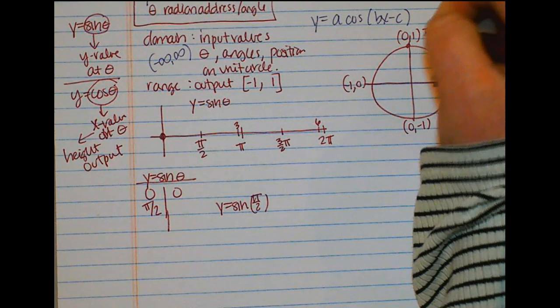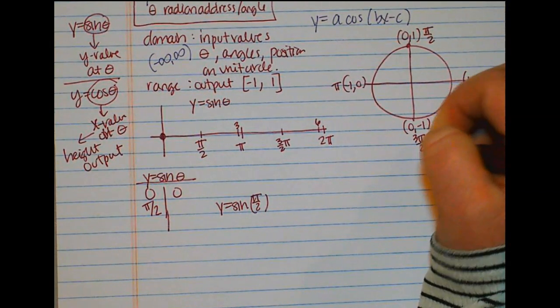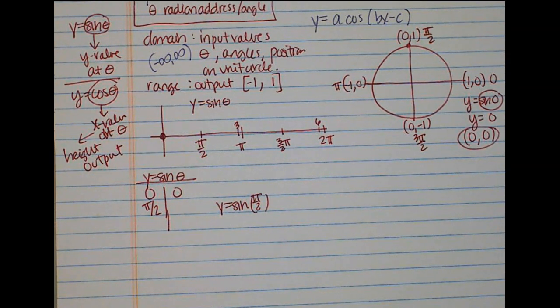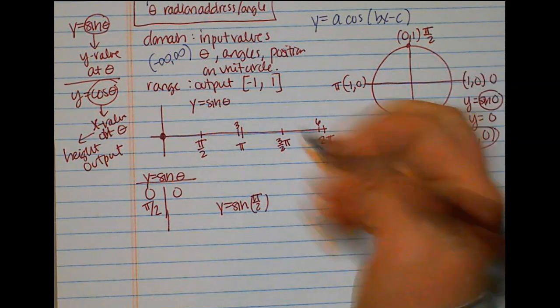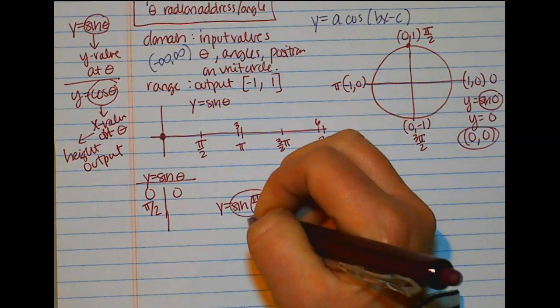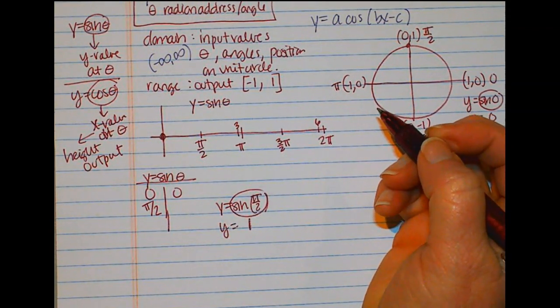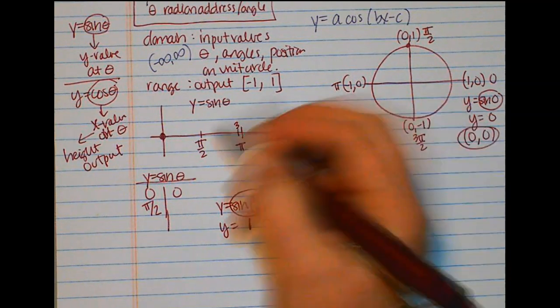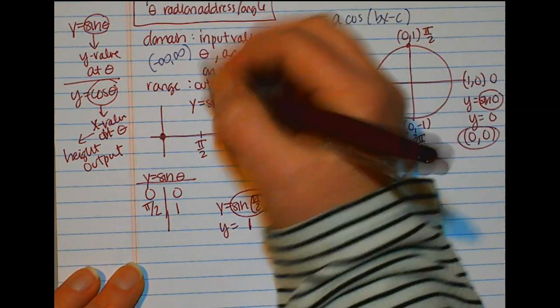I didn't label them all because we need to know them. But here you go, 3 pi over 2. So now I'm talking about just the north, south, east, and west positions. Here's pi over 2. What's the sine value of pi over 2? 1. So we're replacing this with 1. That's the output for this sine function. I plug in pi over 2, I get out 1. So here I go. Pi over 2 is 1.